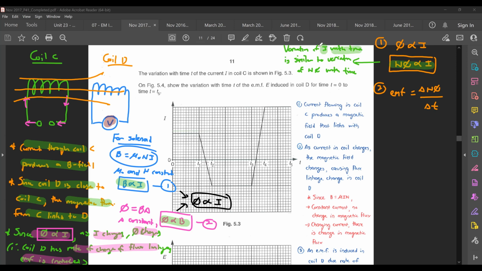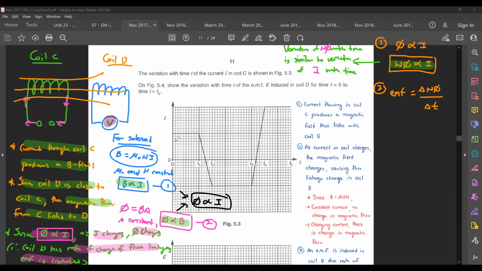If current varying with time has a certain shape, the variation of flux linkage with time will also be similar. Or maybe I write it the other way around: because flux linkage is proportional to current, variation of flux linkage with time is similar to variation of current with time. Okay, this one makes a bit more sense to you now.